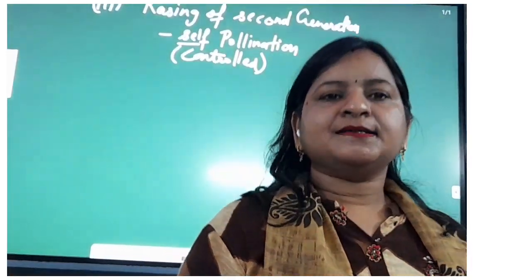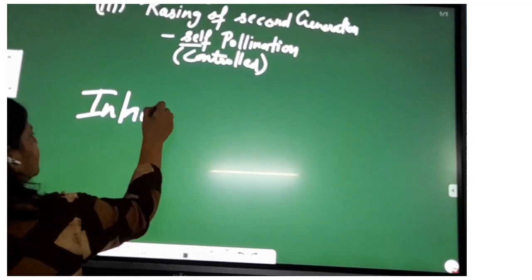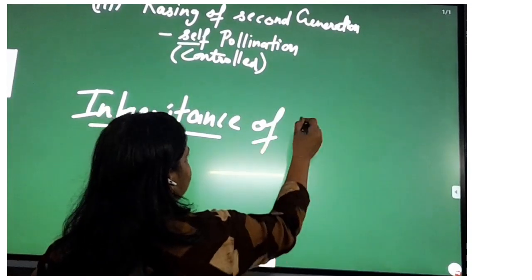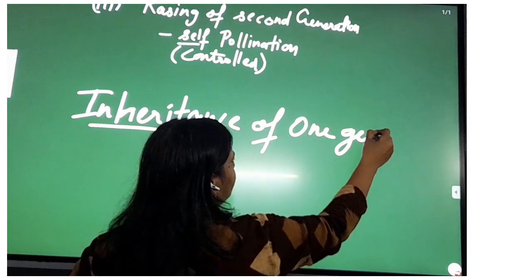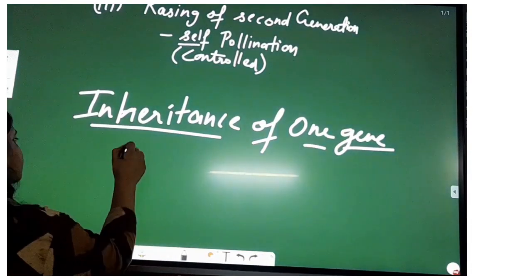So first he did the experiment by using one trait only. This is called inheritance of one gene, that is known as monohybrid cross.